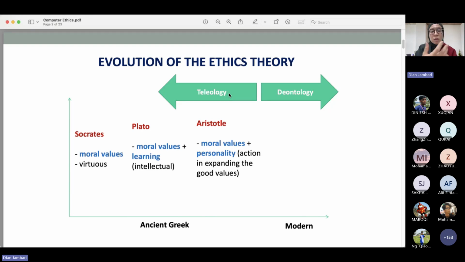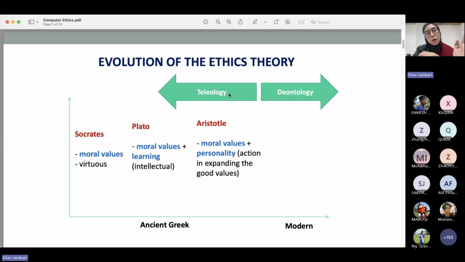But Plato adds that ethics should also include learning, which means the intellectual, where we are educated in several knowledge domains, to have the knowledge and the intellect, and that also influences our ethical values, or our ethical nature.